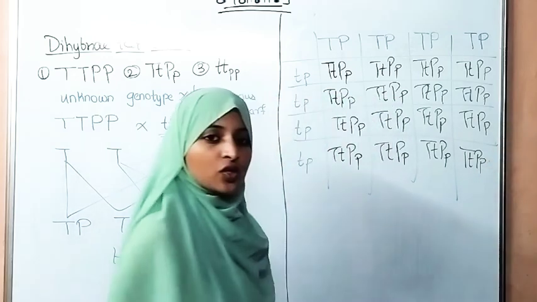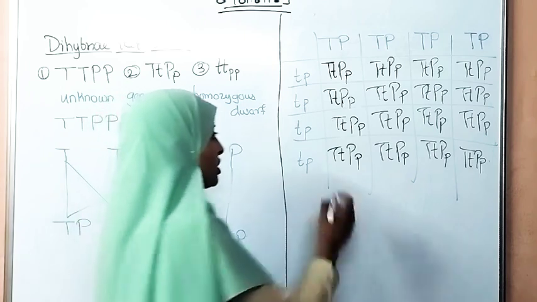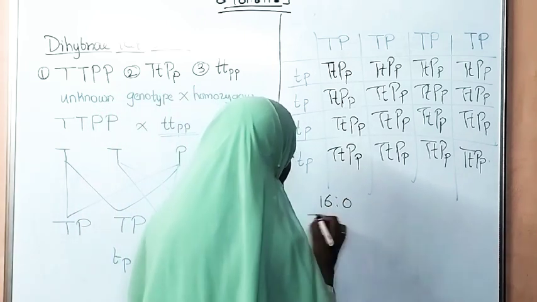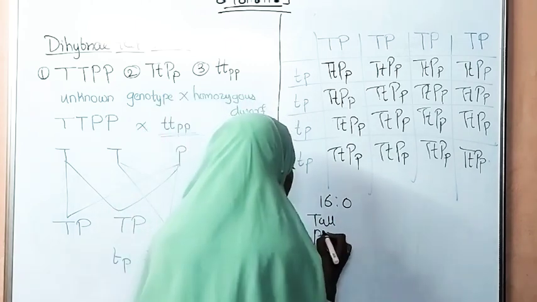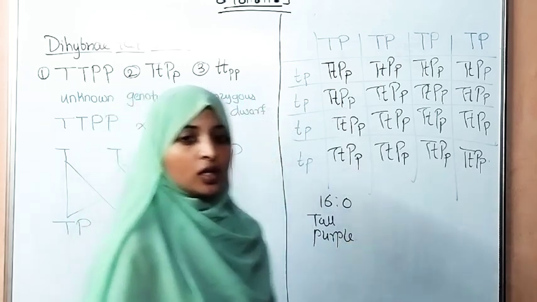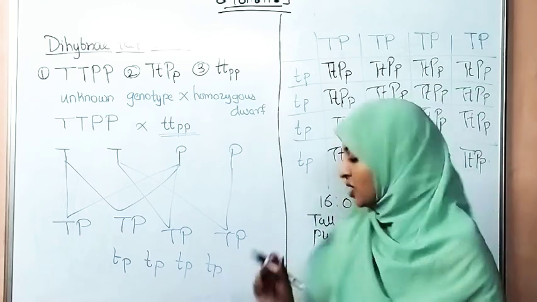So here we get all the conditions, meaning we get the condition 16 to 0, meaning heterozygous tall plant with purple flower. All 16 offspring of the dihybrid cross are of this type, 16 to 0.